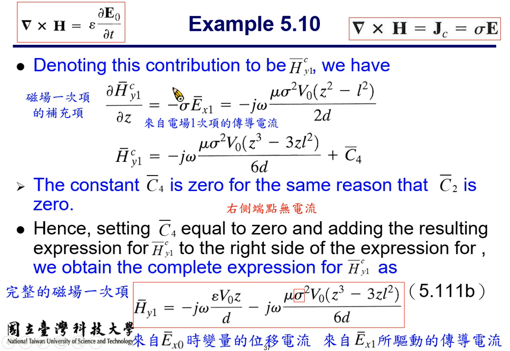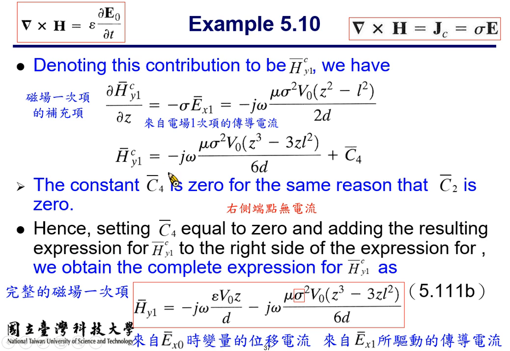So del H over del Z equals minus sigma times Ex1. Then we substitute Ex1 with the equation we found in the previous slide like this. Then we can take the integration of these terms with respect to Z. So you see it becomes more complicated. However, it's still first order.